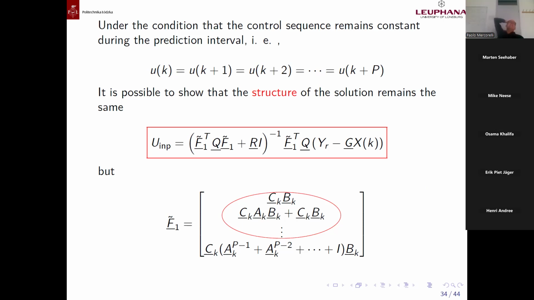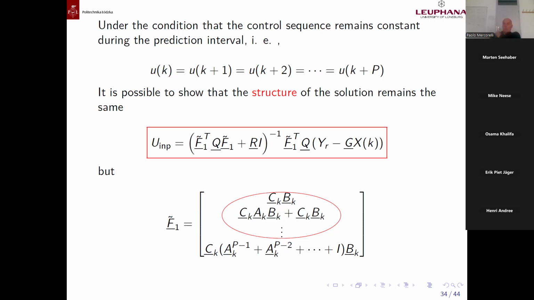Nevertheless, just the first element is important. But if I consider U constant, of course, I find a solution which is not exactly the same as when the element is not constant.